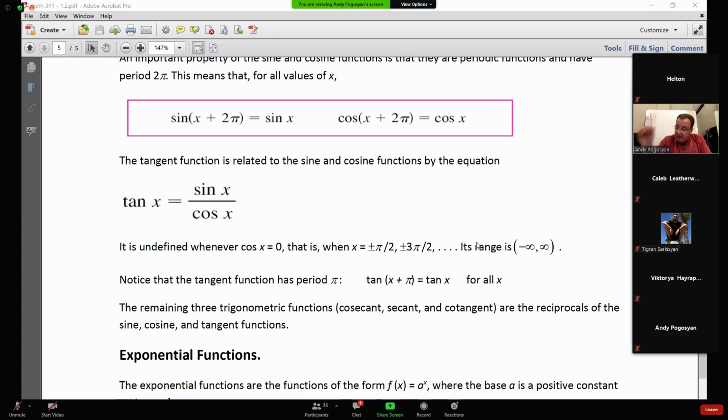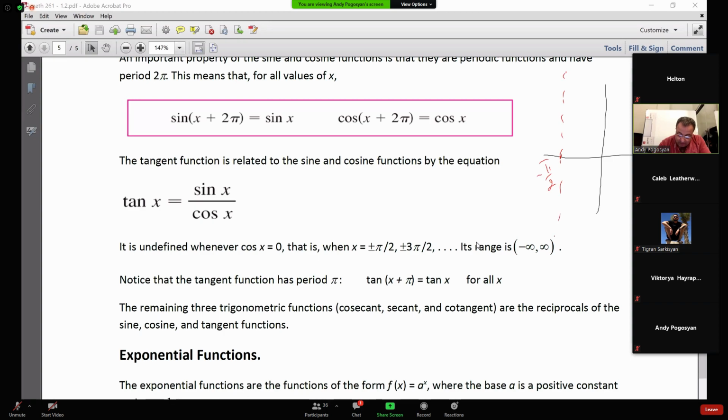So we don't have a graph here, but the graph of the tangent function over one period is like this. At negative pi over 2, we have a vertical asymptote.